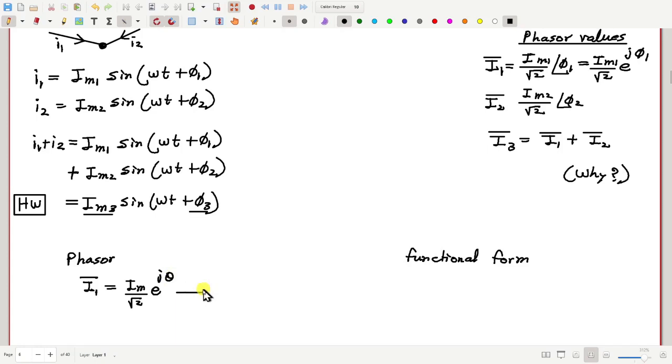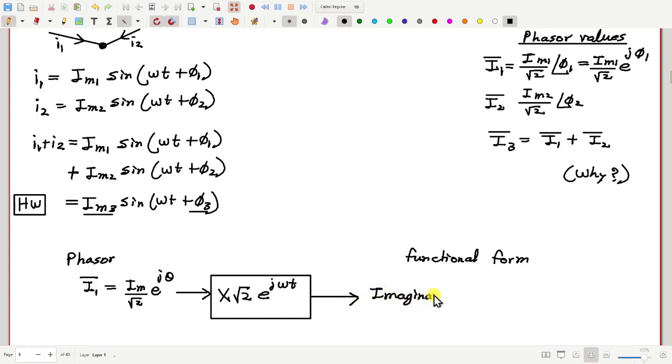So what I have to do is first multiply this number with root 2 and e to the power j omega t, and after that take the imaginary part of the product.